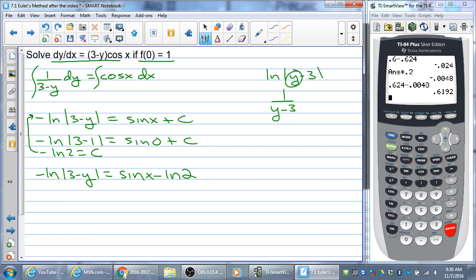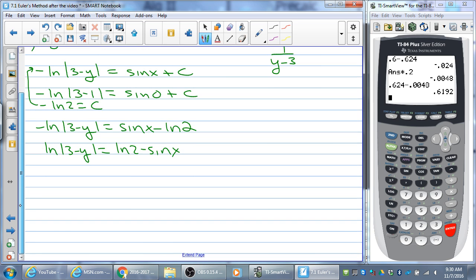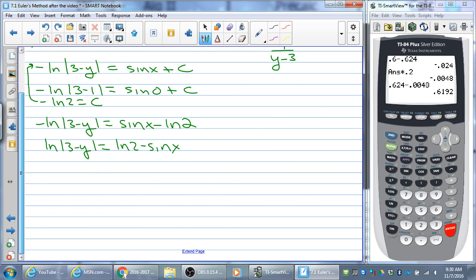I can divide by a negative. So natural log of 2 minus sine of x. Now I have to go from a log equation to an exponential equation. So that's all. Log is always equal to the exponent. It's e to all of that. So 3 minus y is equal to e to the natural log of 2 minus the sine of x.